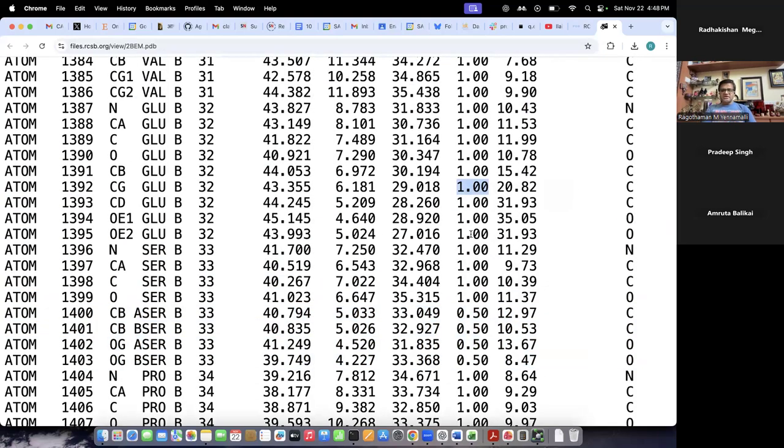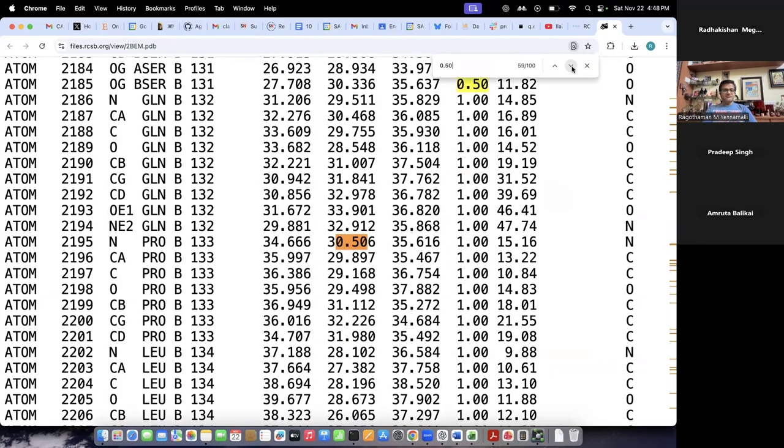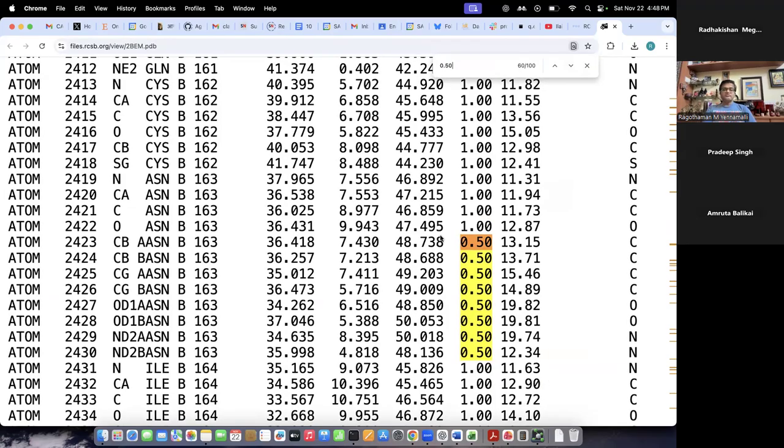To see if we have other occupancies, you can see that it is not just the 33rd serine. You also have 131 serine in the B chain, and also the asparagine in the B chain, having this type of occupancy issue, where two conformations were seen and both were equally likely to be present in the average structure model.